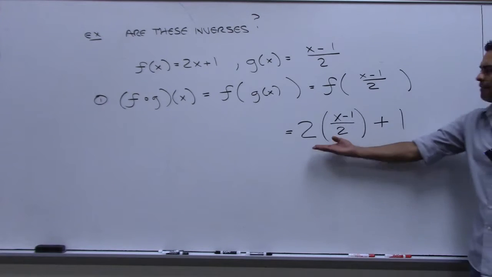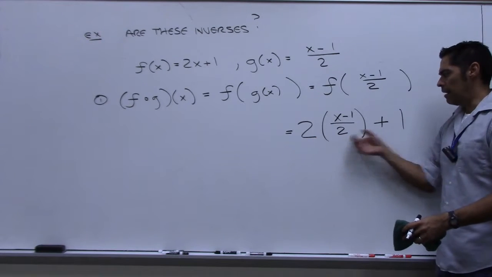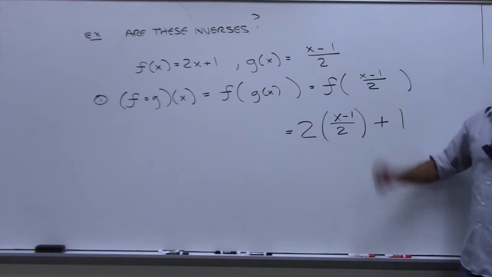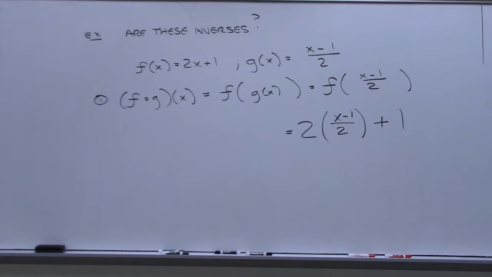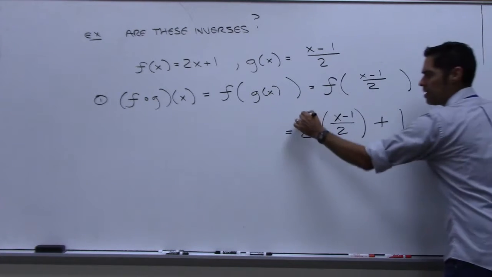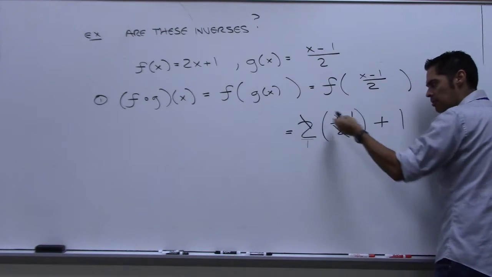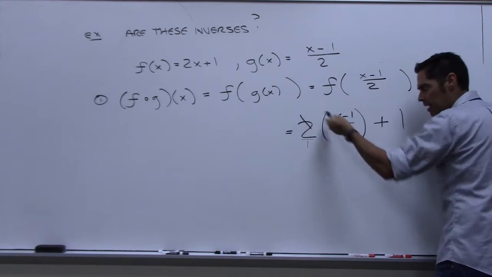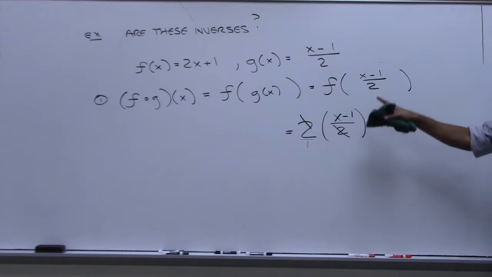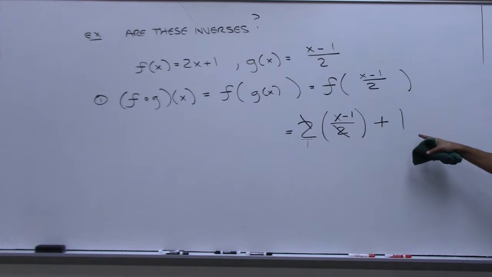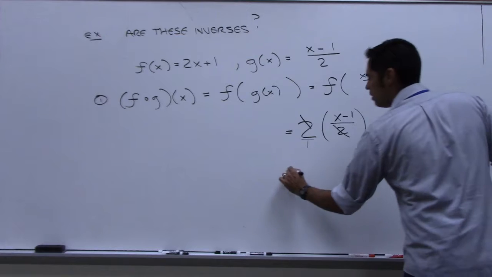So that is the f function, 2x plus 1, but instead of x, all of that. You see what happens here? The 2's cancel, because this is multiplication. That's like 2 over 1. That 2's on the top, this 2's on the bottom, so they cancel. All you're left with was x minus 1 and then plus 1. So x minus 1 plus 1 is x.